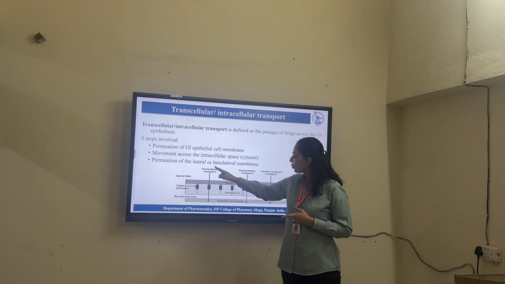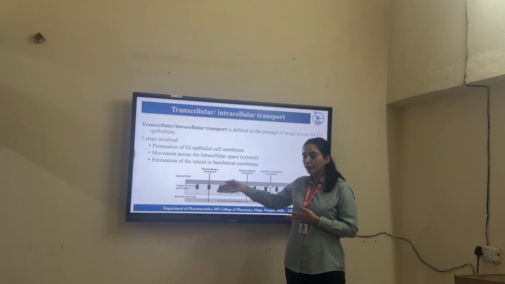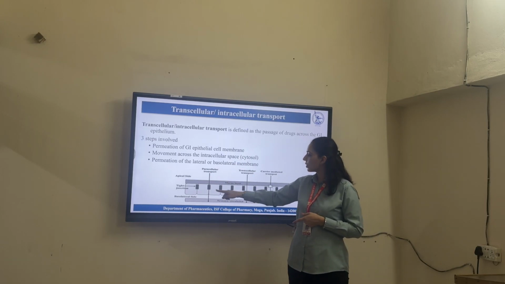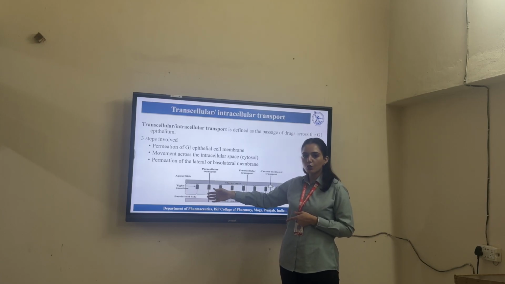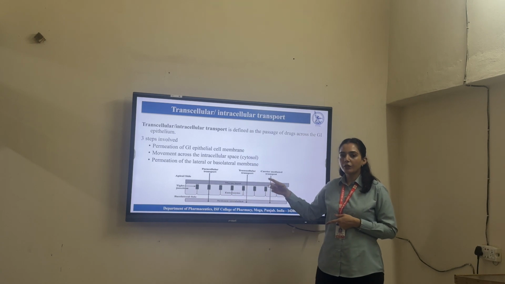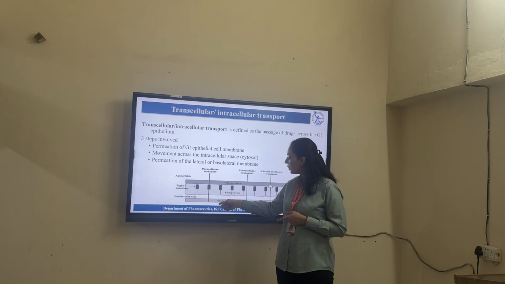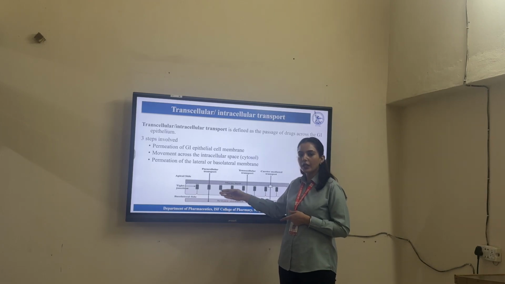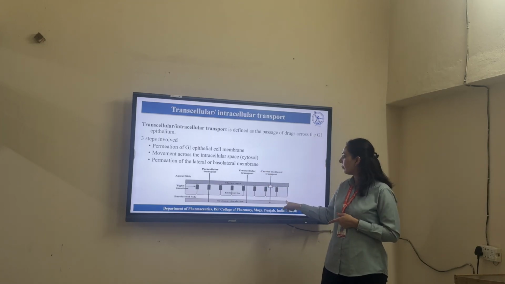Further, the drug has to move across the intracellular space, which is clearly shown in the diagram. After that, the drug has to reach the systemic circulation, and it has to permeate through the basolateral membrane.